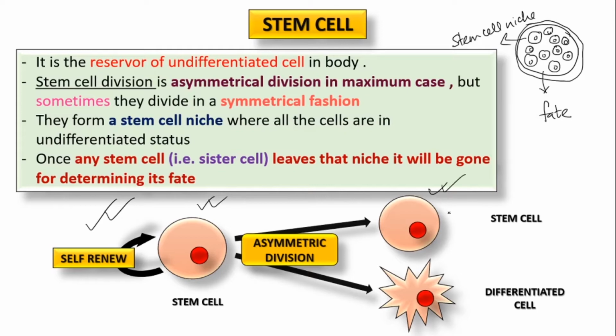If this stem cell divides and forms two identical cells exactly like its parent cell type, it is known as symmetric cell division. Although stem cells generally divide in an asymmetric fashion, sometimes they can also divide in a symmetrical way.